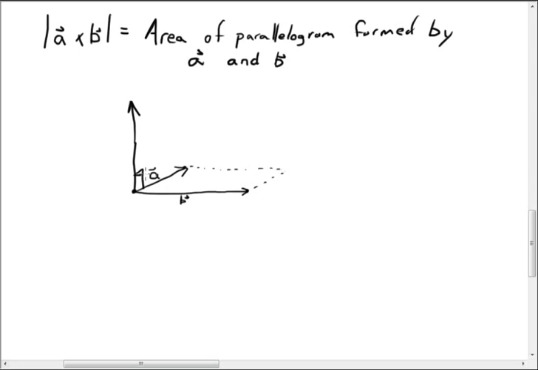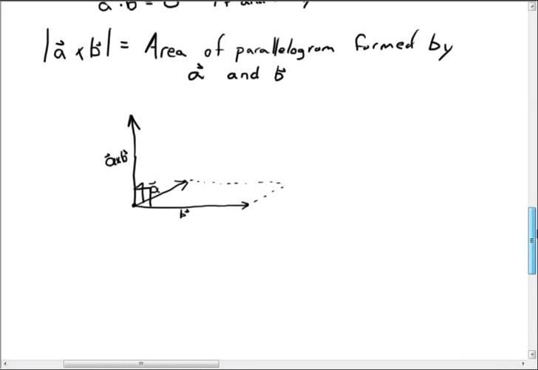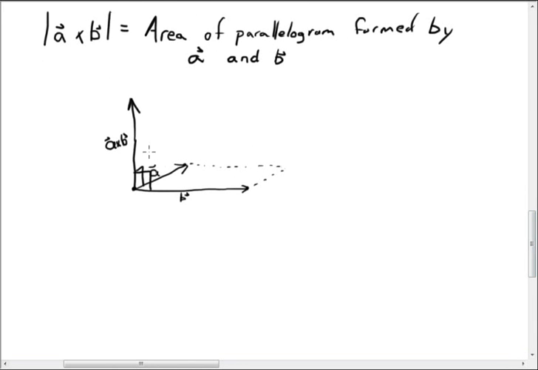The magnitude is equivalent, so the units won't match up, but the number that is attached to the units will, is equivalent to the area of this parallelogram here.